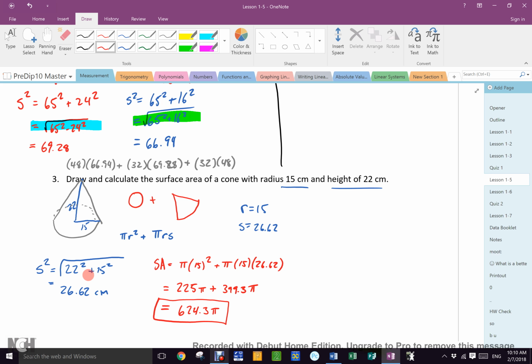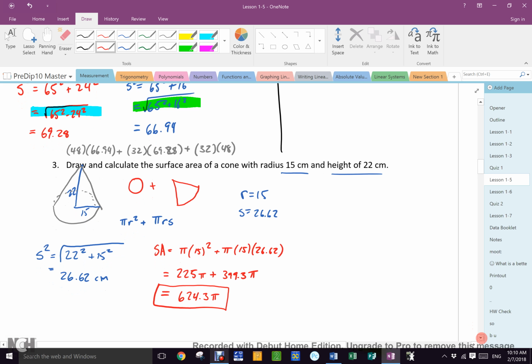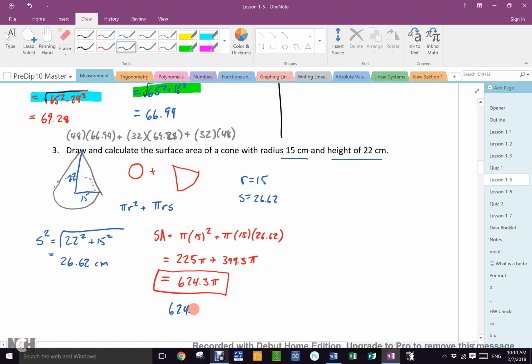Okay? Now, there's a problem with that. I have to paint this cone. I got to go to Home Depot to buy the paint. I'm going to go buy some Dusty Rose paint. Can I walk into Home Depot and say, hey man, I need 624.3 pi's worth of paint? Probably not. No, I need an actual number. So in math class, we're going to leave it as pi. In the real world, on our calculators, we would go 624.3 times the pi button, not 3.14.